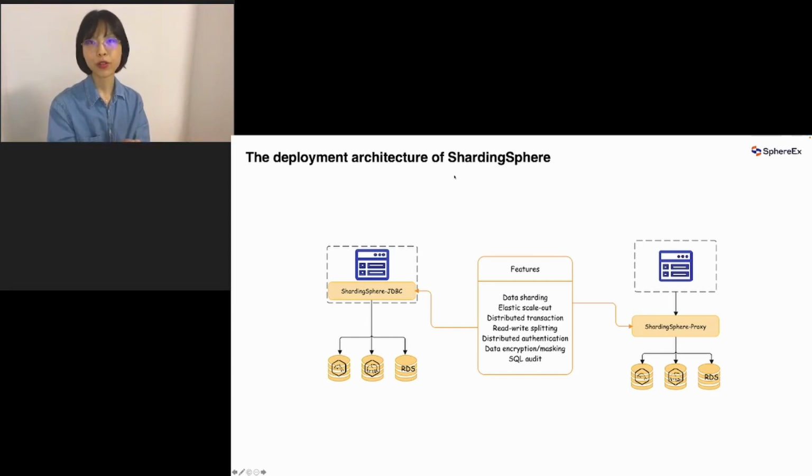But we also need to consider how this project can help us and what the features of this project are. Let's first learn more about its deployment architecture and its features, because if you want to use it, I suggest that you first need to know how to deploy it.